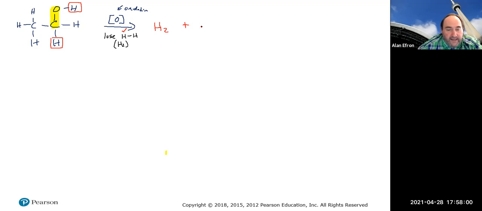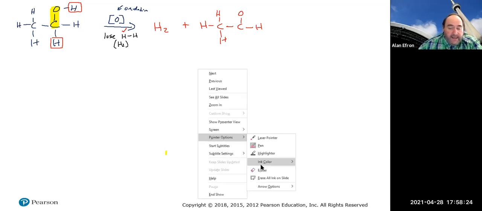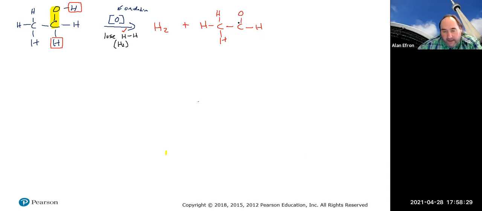So I'm just going to copy it exactly the way it looked, down to my carbon-oxygen bond and my H. Now, I took out two hydrogens. That means I need to put back in a bond. And basically what will happen is we will now get a double bond between the carbon and the oxygen.